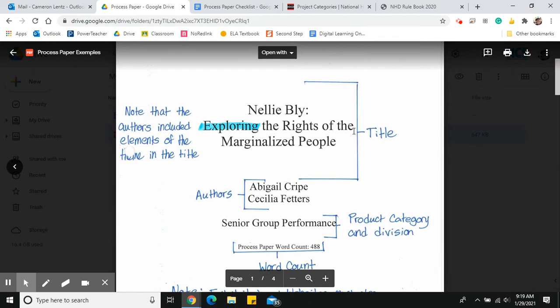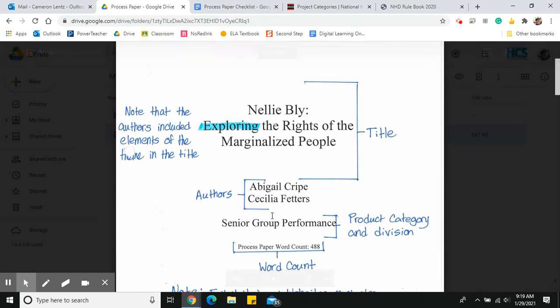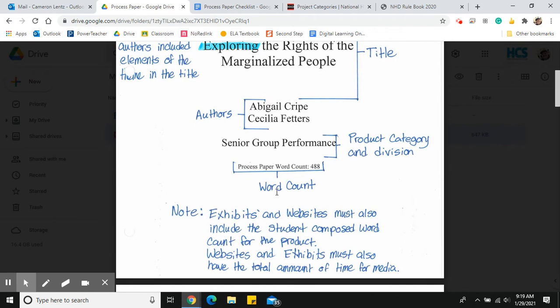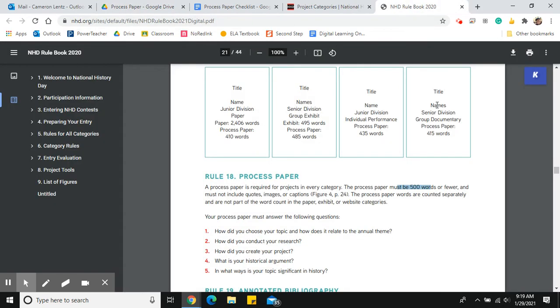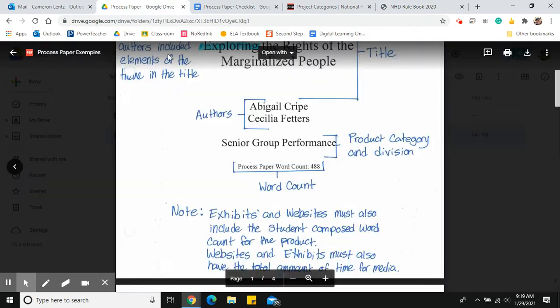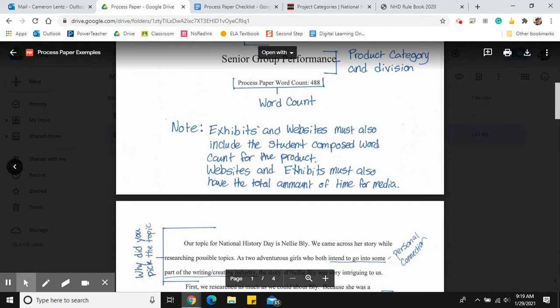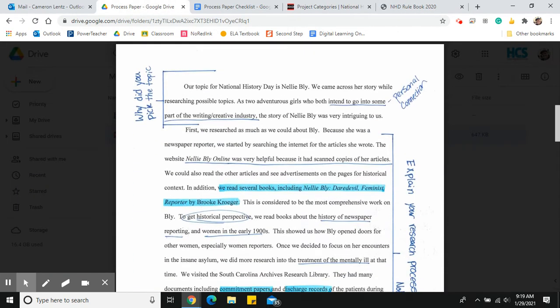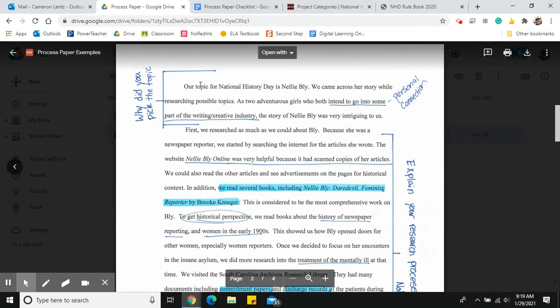So basically, you've got title, you've got student names, category and division, and word counts. And again, you can look at the rule book and you can see examples of title pages for different categories. Okay, so let's get into the next parts of their paper. So basically, what they've done, these two girls, is they've written several paragraphs.